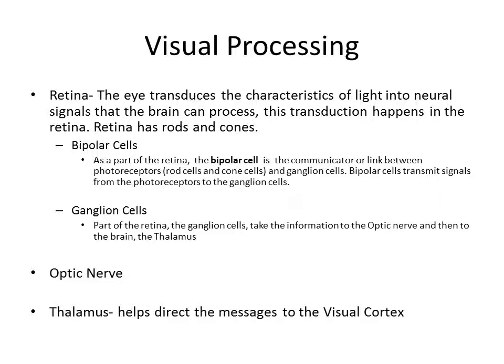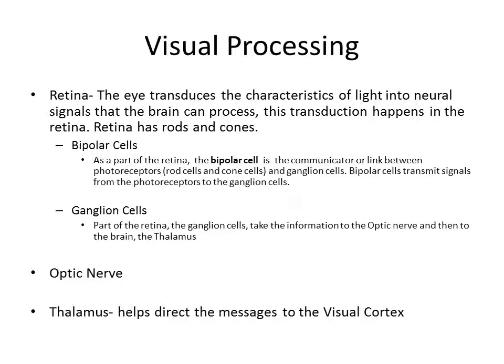So in my notes, I would have the process of going from the retina to the photoreceptors, which you know are the rods and the cones, to the bipolar cells, to the ganglion cells. The ganglion cells are part of the retina. The ganglion cells take the information to the optic nerve, and then to the brain.